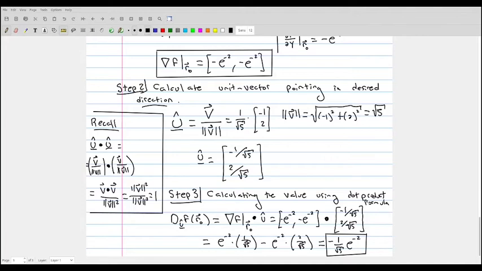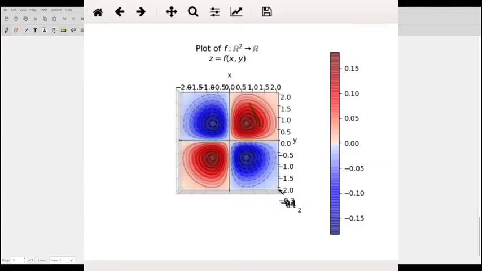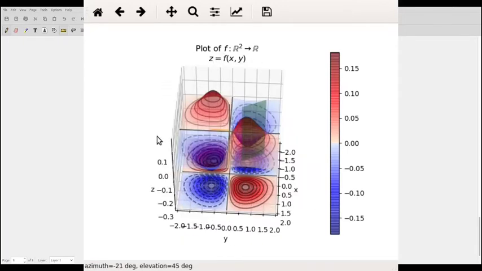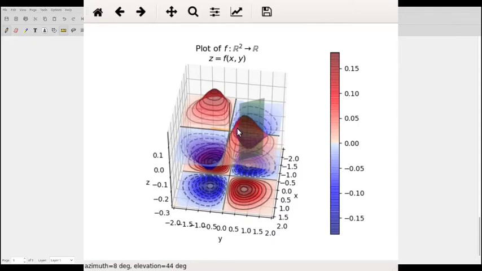So let's try and visualize this. We can visualize this in a number of different ways. The first way that you might think of is to do a plot of the three-dimensional function. So I used my Python code to do this, and I plotted a plane in that direction. If you take this three-dimensional plot and rotate it, you can see that there's a plane plotted at the point 1, 1 that's parallel to that direction.